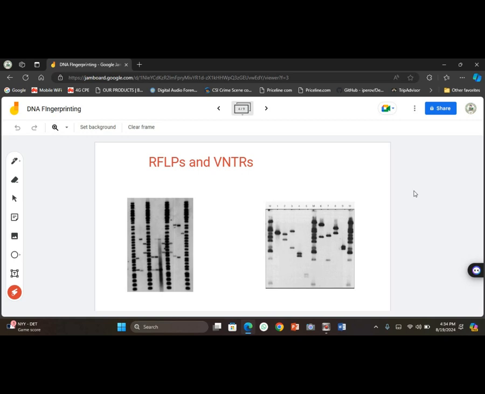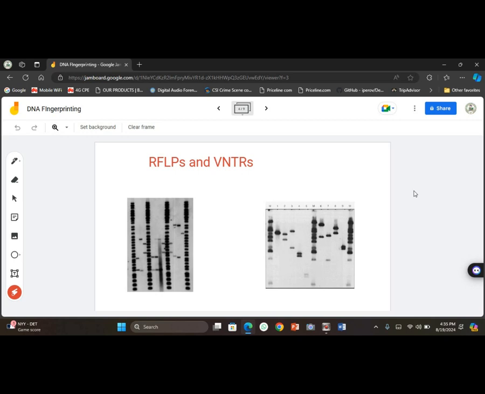So after obtaining it from a human, maybe the cells of the blood, tissue, or any part of the body, the first thing to do is to extract the DNA from the tissue or the blood sample. So after extracting the DNA from the sample, then we go to the second stage.